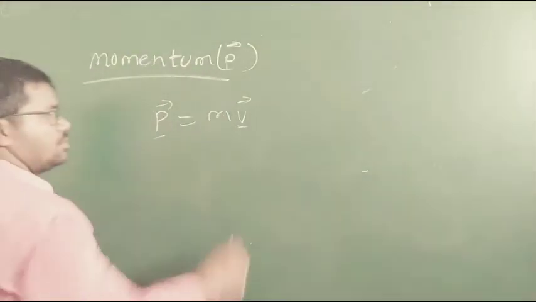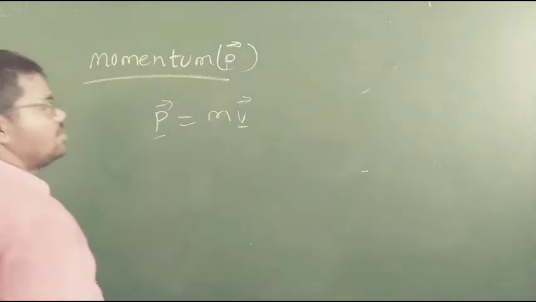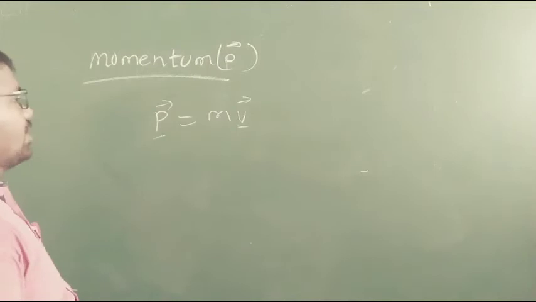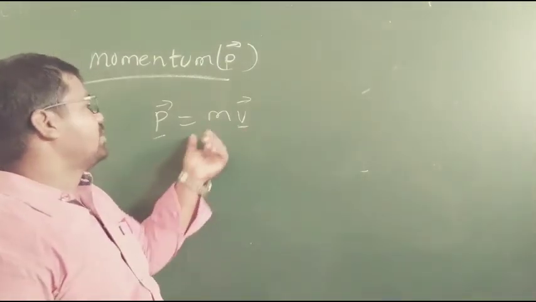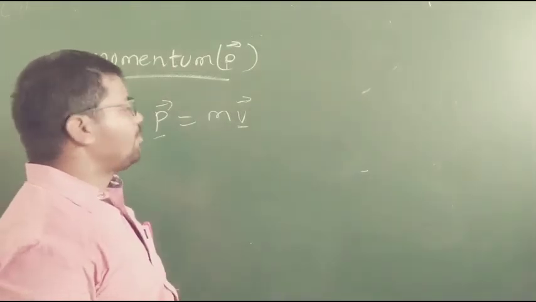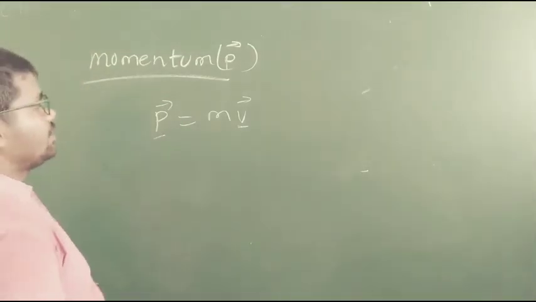Understand, my children? Momentum P is equal to mv. If the mass of the body increases, the momentum also increases. If the velocity of the body increases, the momentum also increases, my children. Understand?